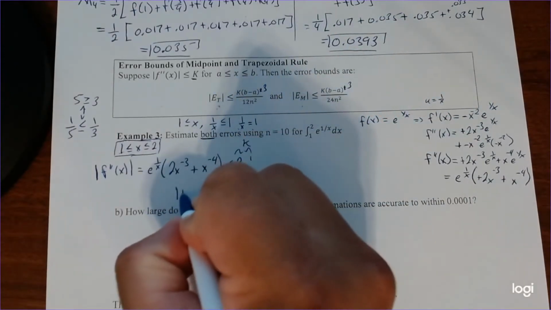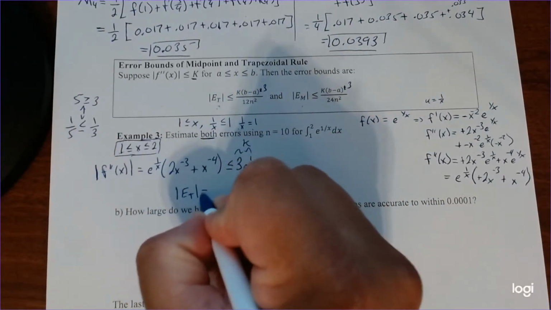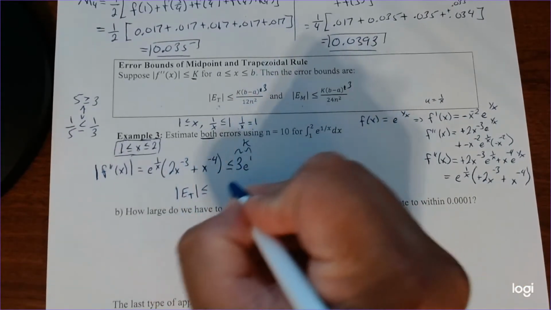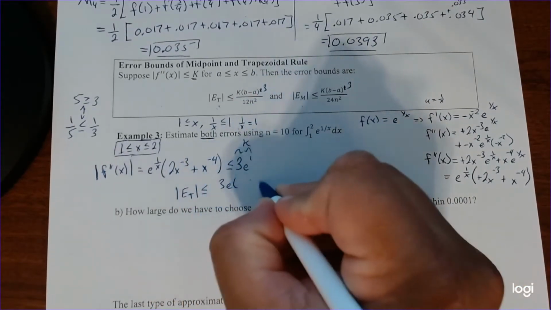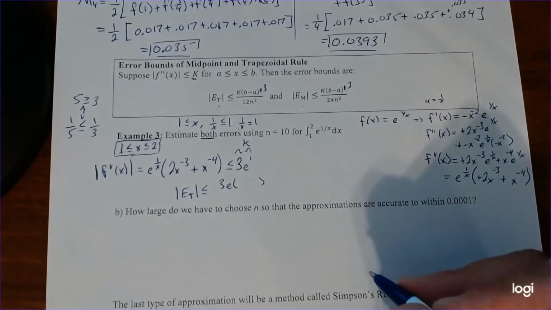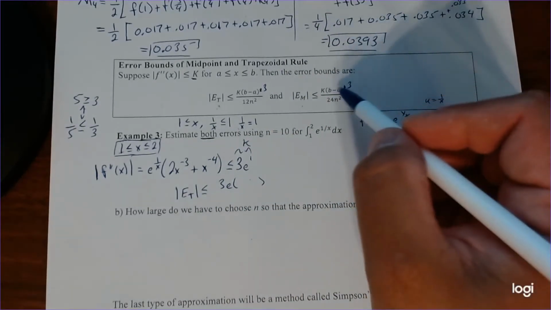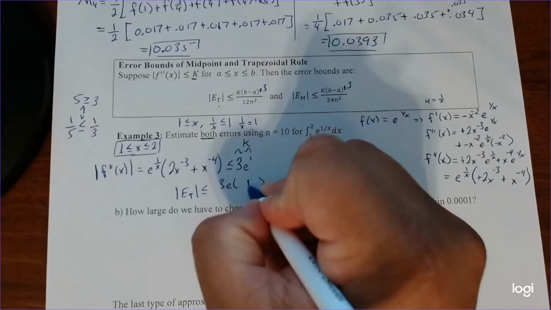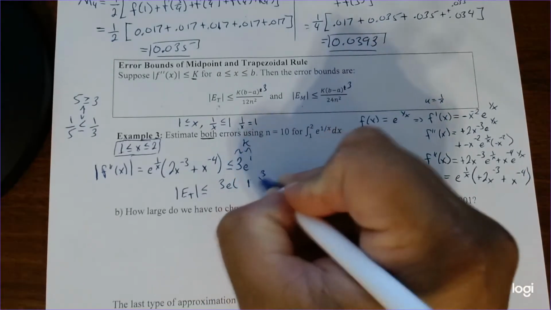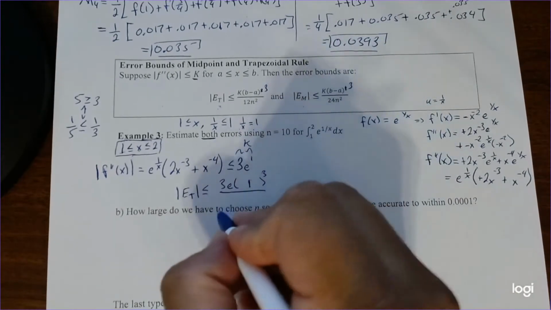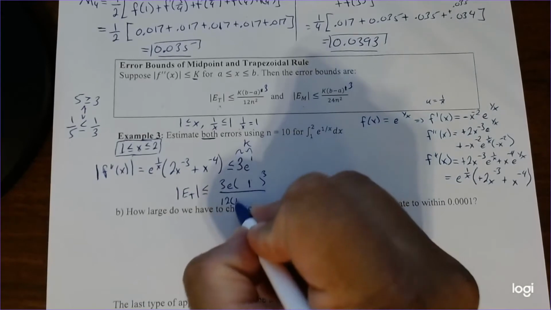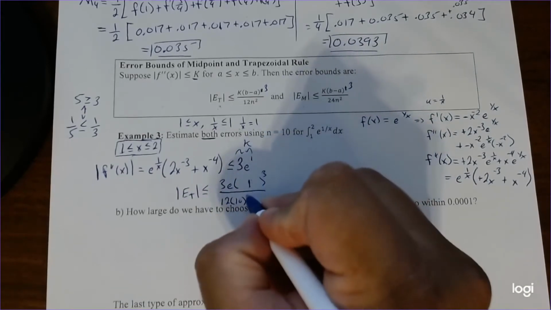So we know the absolute value of the error for the trapezoidal rule is going to be less than or equal to our k, which is 3e, times the subtraction of b minus a. So in this case, 2 minus 1 is just 1, raised to the third power, all over 12 times n, and in this case n is 10, to the second power.